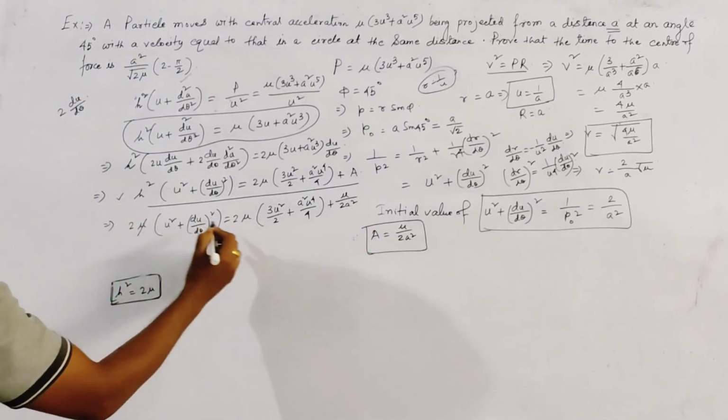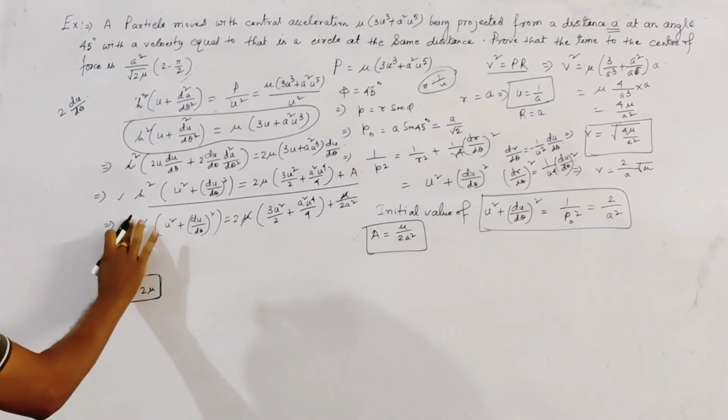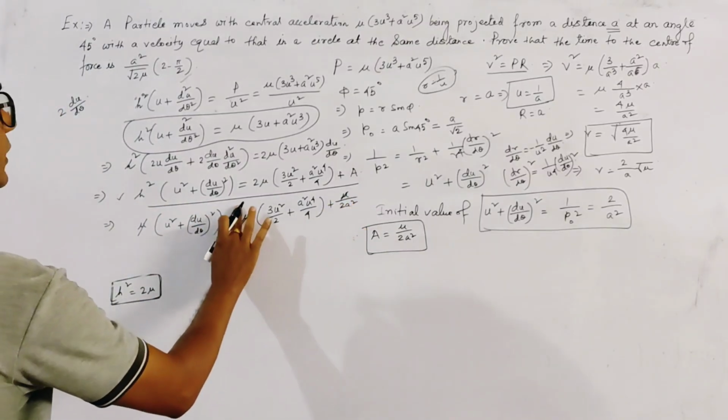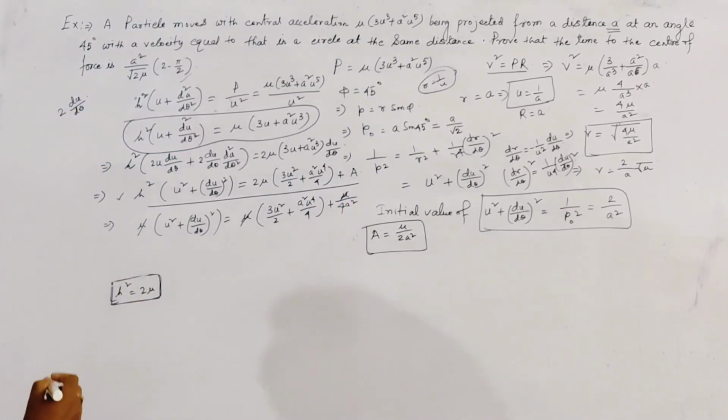We cancel out mu from both sides, and we write 2 in the lower side of the right side, and this is 4, right?